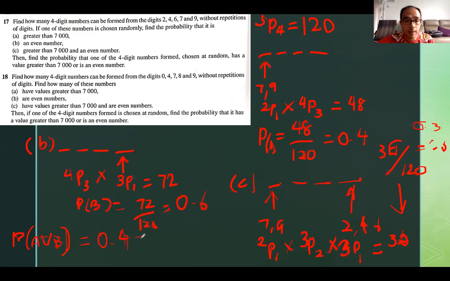Plus 0.6. Okay, minus, this is the intersection, greater than 7,000 and an even number, 0.3. Okay, so this will give you 0.7.